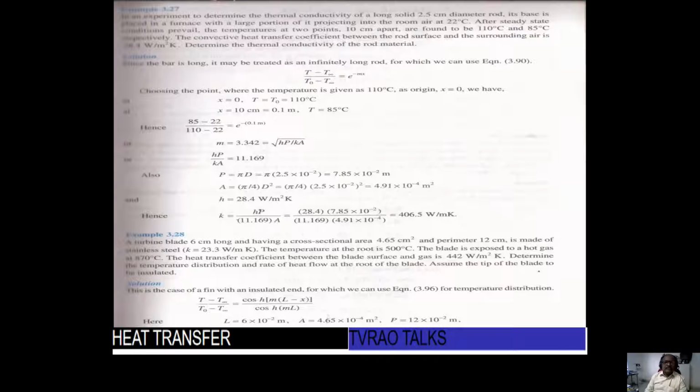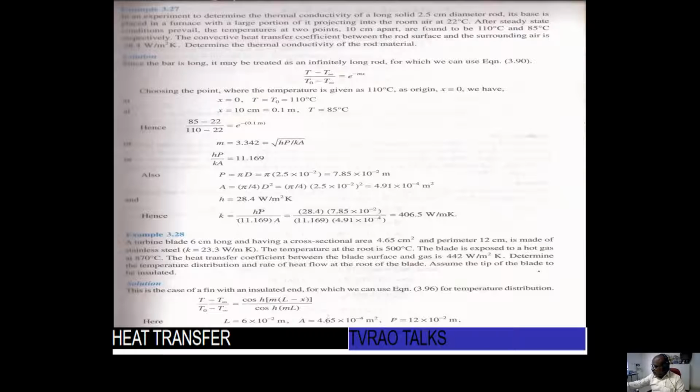So the first point we'll take as a base temperature, the other point we'll take as an end temperature. Okay. So here base temperature is when x equal to 0, the base temperature we should take as 110 degrees centigrade. At x equal to 10, the temperature is 85 degrees centigrade.